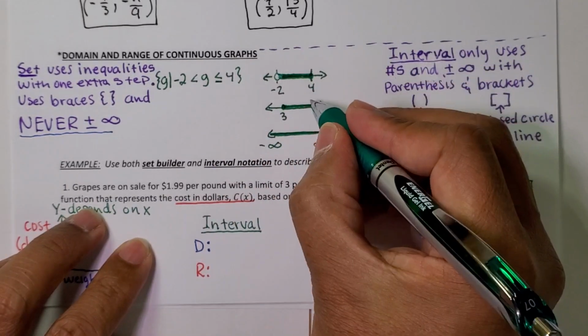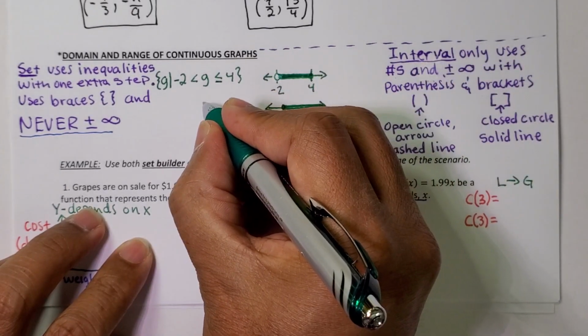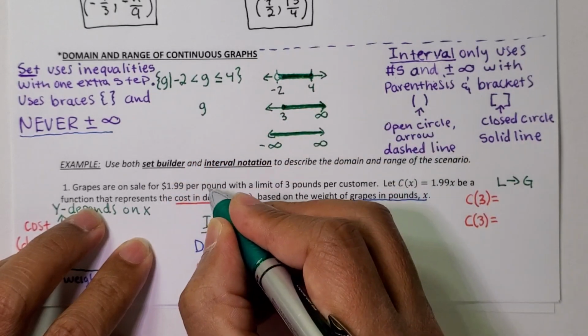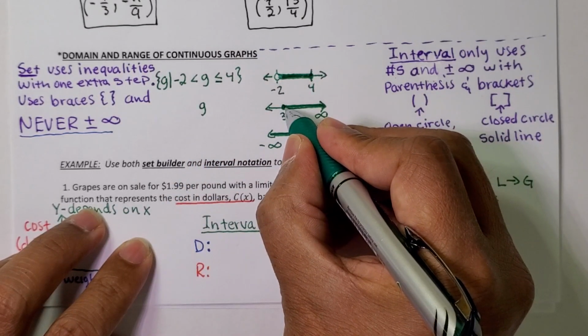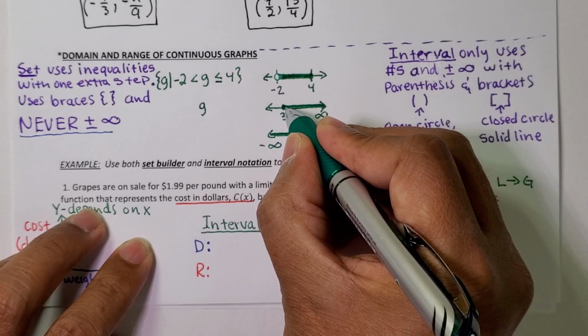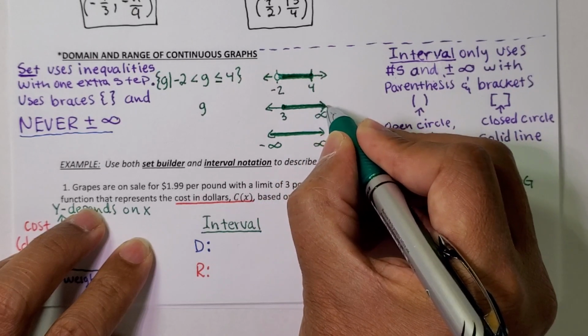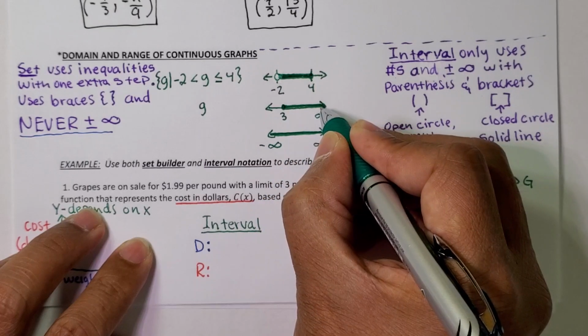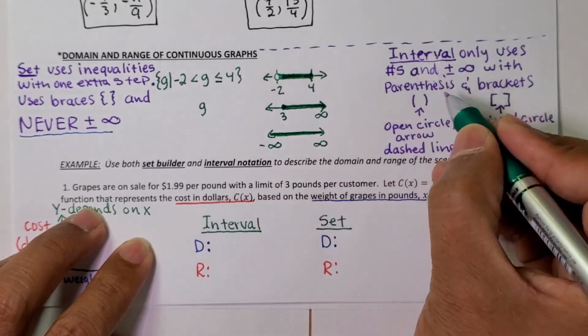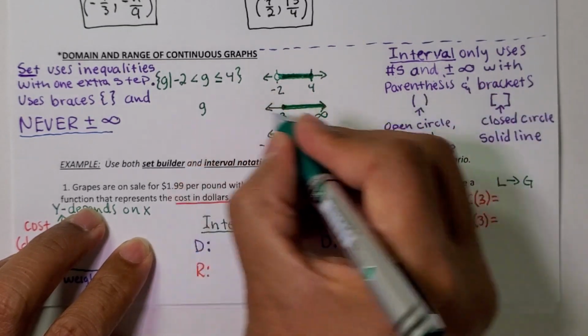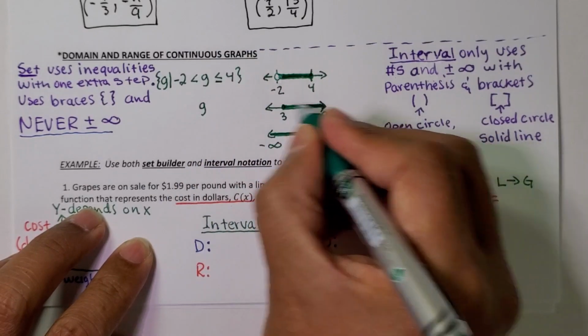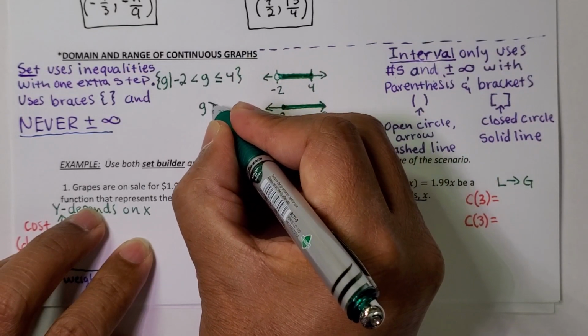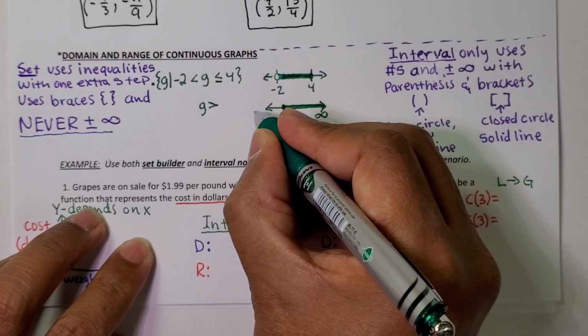So on this one here, notice that we have again G. In this case, the circle is closed and it goes to the right to positive infinity, which is the symbol for positive infinity. The question is, how do we write this as an inequality? Since it's going from 3 to the right, that means this has to be greater than, not less than, because it's not going left, it's going to the right.